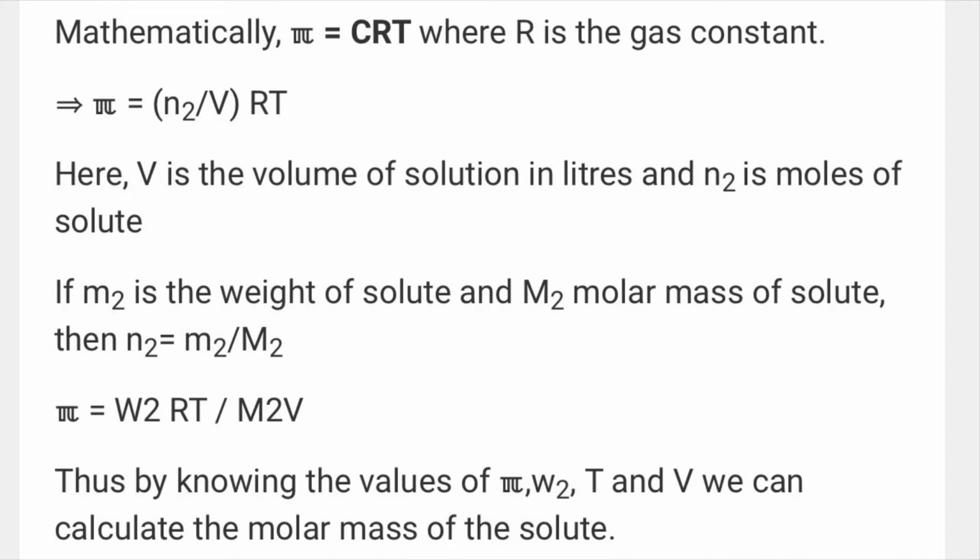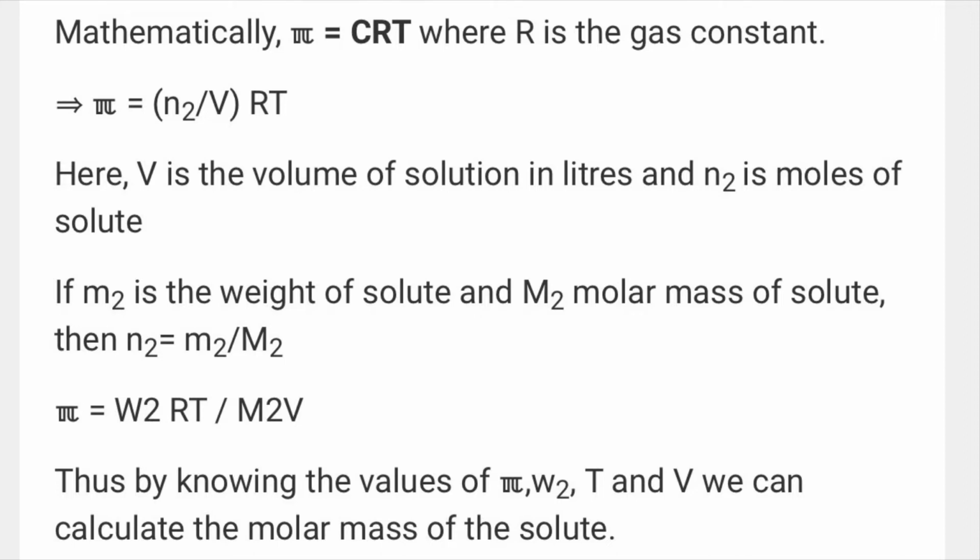Experimentally, it was proved that osmotic pressure P is directly proportional to molarity C and temperature T. Mathematically, P equals CRT, where R is the gas constant. Here, V is the volume of solution in liters and n2 is the moles of solute. I am talking about the equation that is shown above.